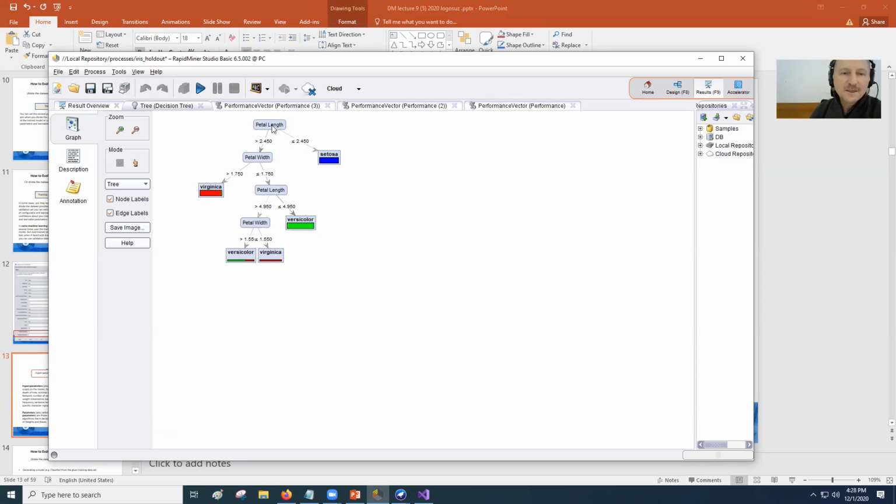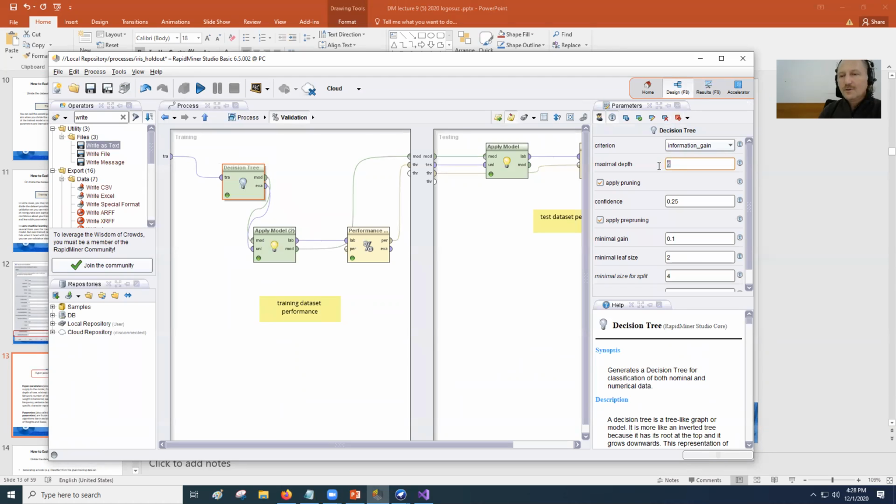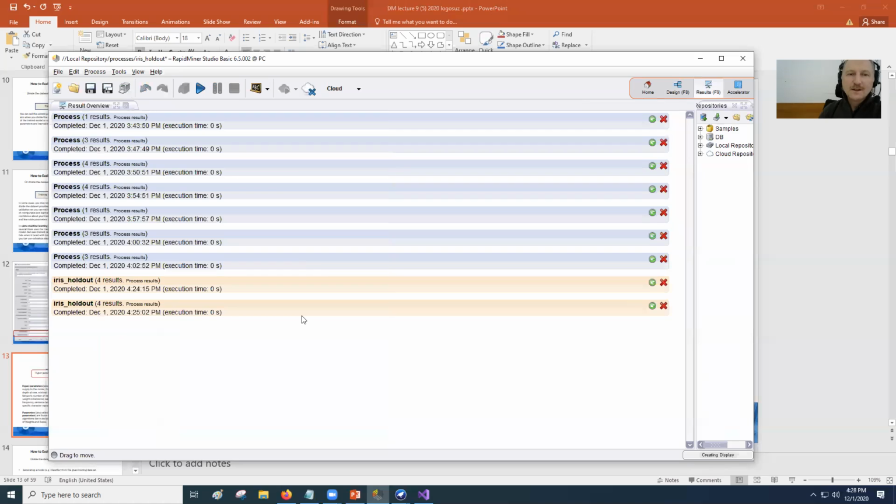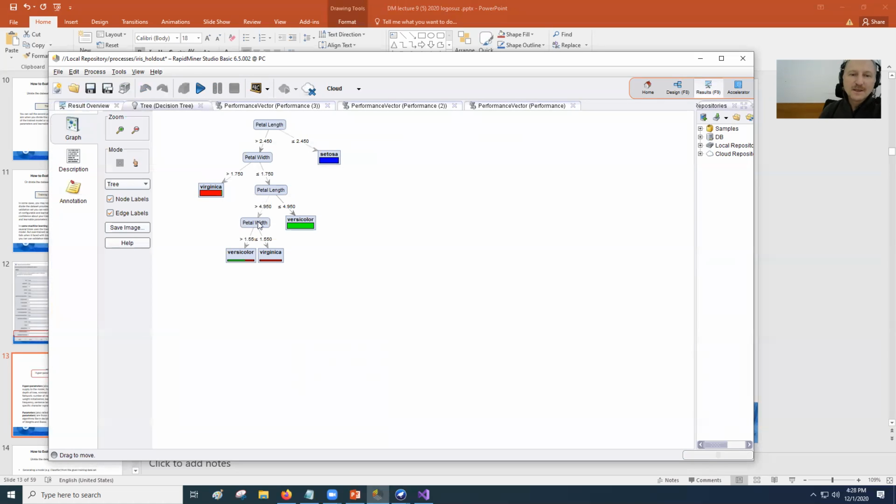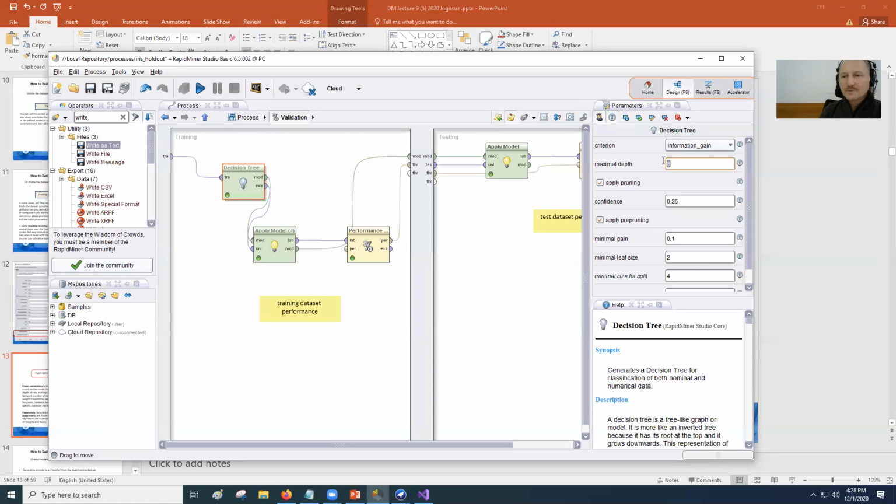But who decided the length of this decision tree? 1, 2, 3, 4, 5. Maximum 5. Even if you tell it much more, it is not using it, so you can tell it should be 5.